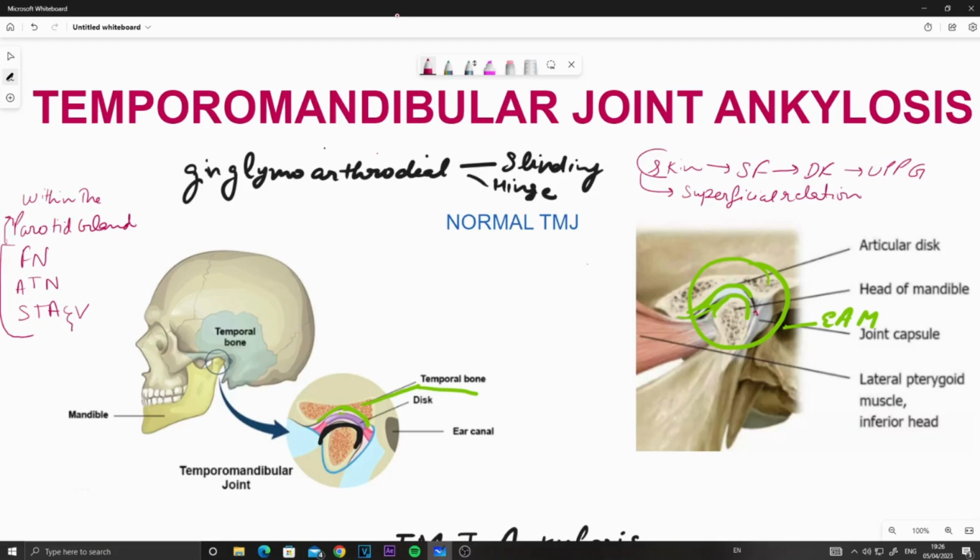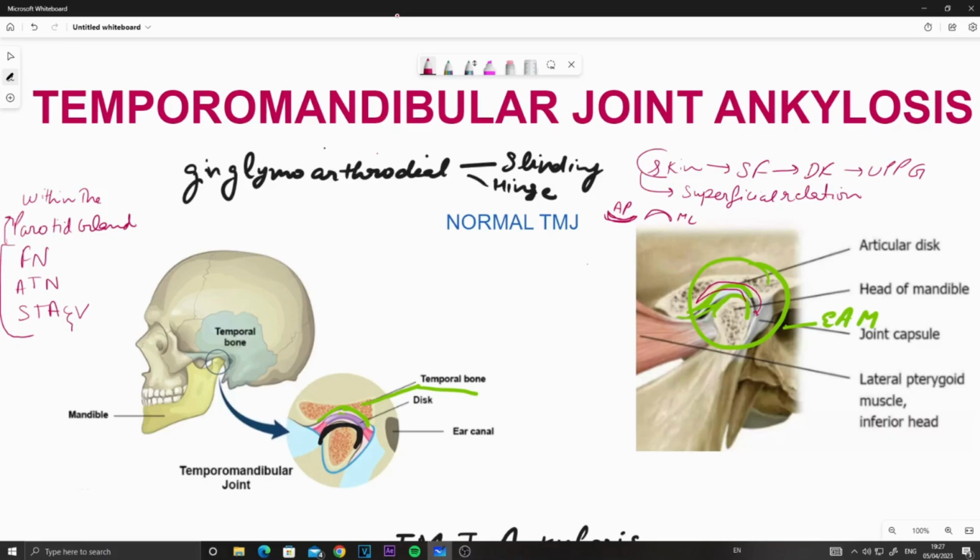The fossa continues anteriorly, like see, it is continuing anteriorly to the articular tubercle, which is convex anteroposteriorly and concave mediolaterally.